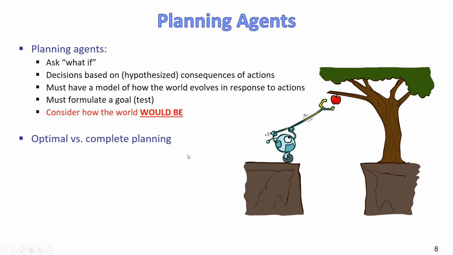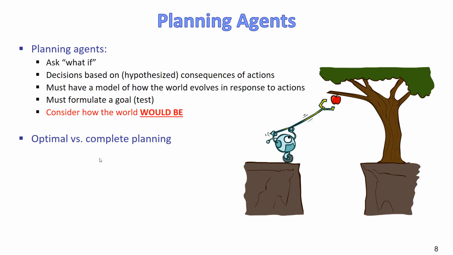So let's define some of the characteristics of planning agents. Of course, there are many different types of planning agents. Optimal planning means a planning that will reach the optimal solution. And again, the optimal solution here is the solution with the minimum cost. Of course, the cost will depend on the problem. Complete planning means that if there is any solution, the agent will reach a solution.